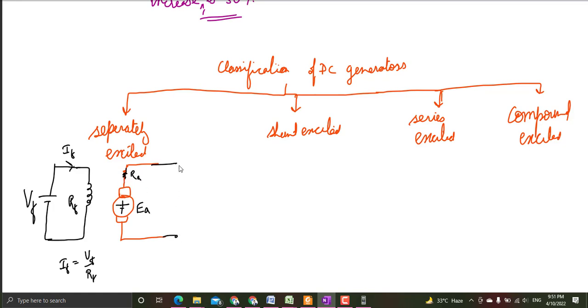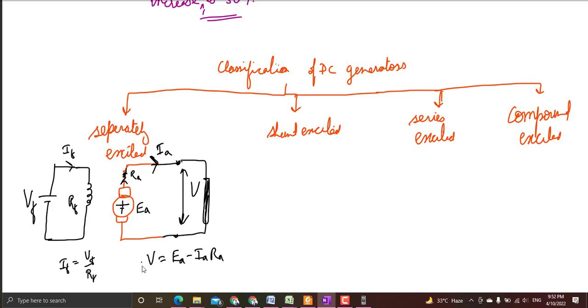This is the terminal voltage V, and when it is connected to some load, the voltage across the load is V, and the current going from the armature is I. By applying the KVL equation, I can write V is equal to EA minus IA RA.